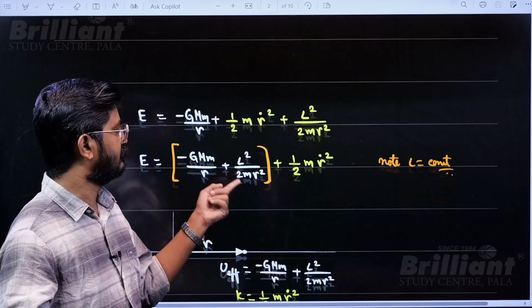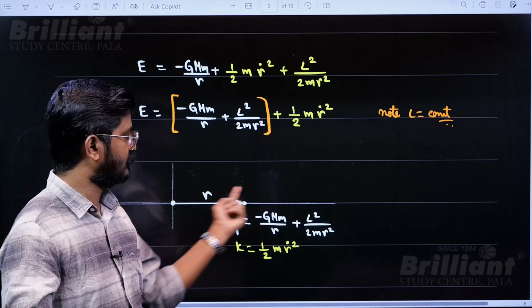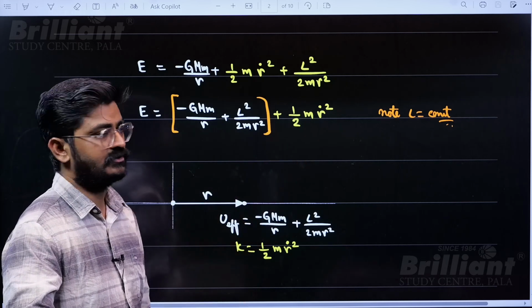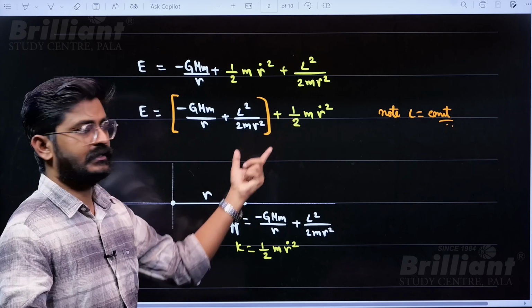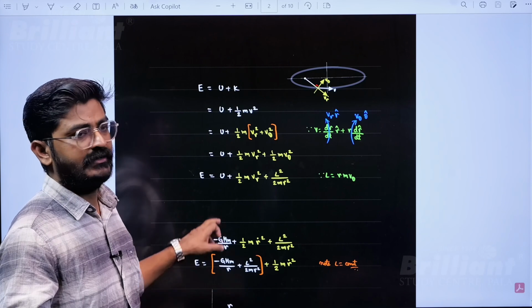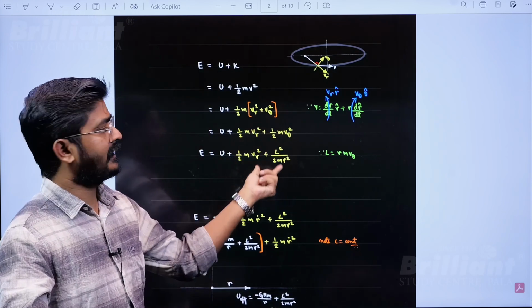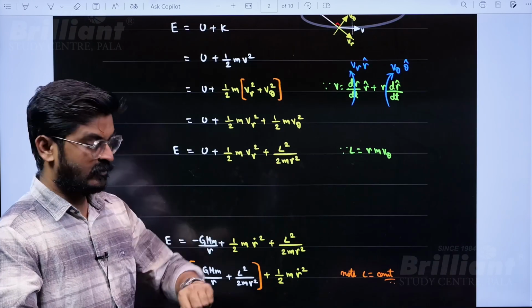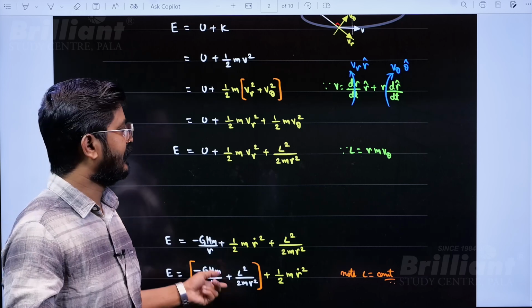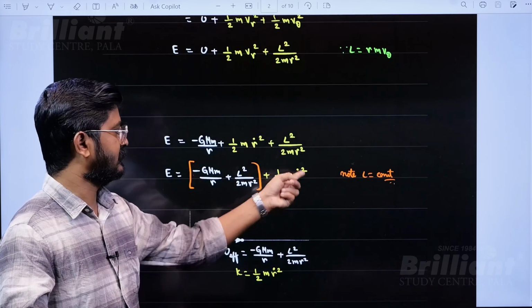So if I call this some kind of potential energy for one dimension motion and this kinetic energy for one dimension motion, this problem looks like solving a one dimension motion problem, right? What have we done? We have taken total energy and expanded it, but one part of kinetic energy we write in terms of angular momentum, and as angular momentum is conserved, we can see it as a one dimension problem where we have this much potential energy and this much kinetic energy.